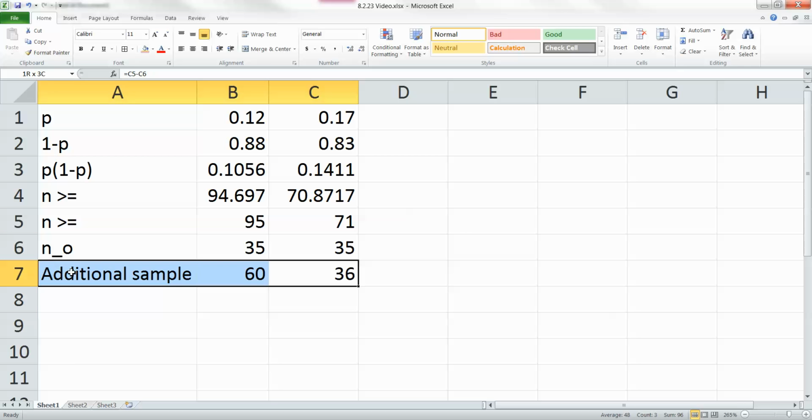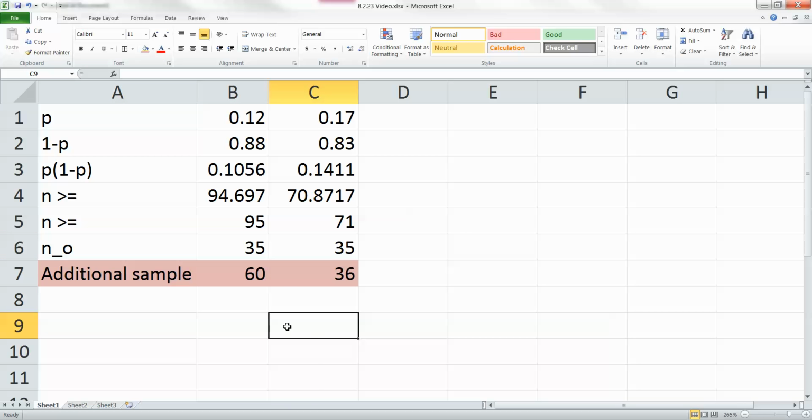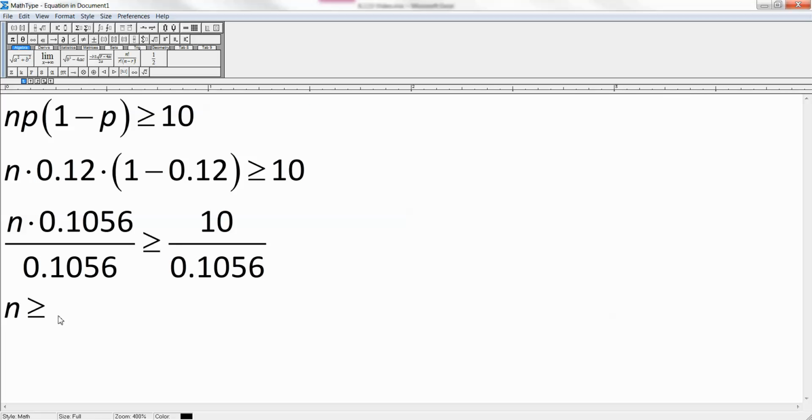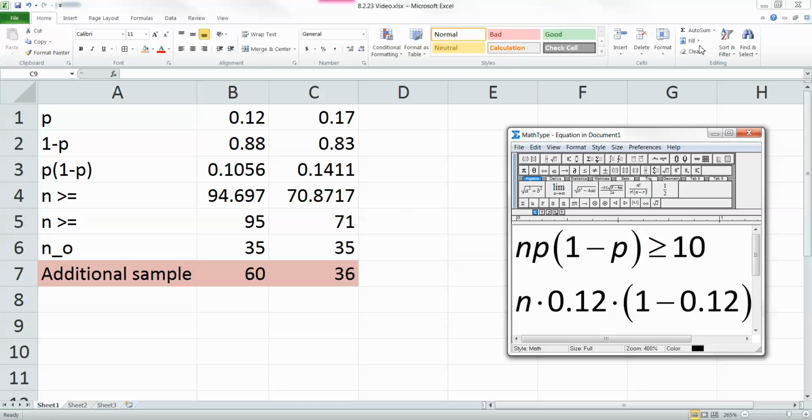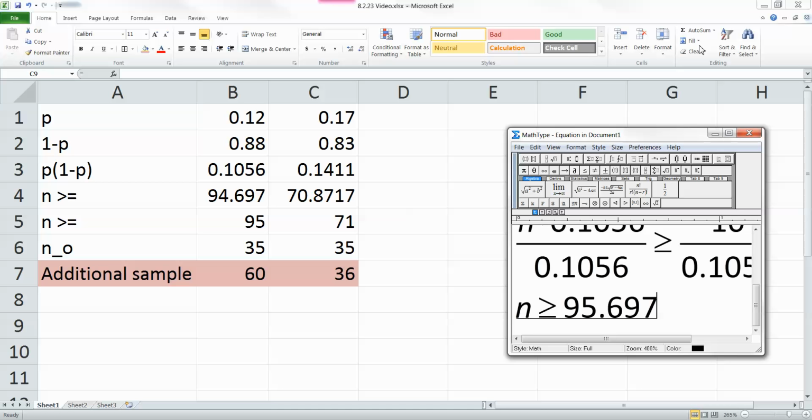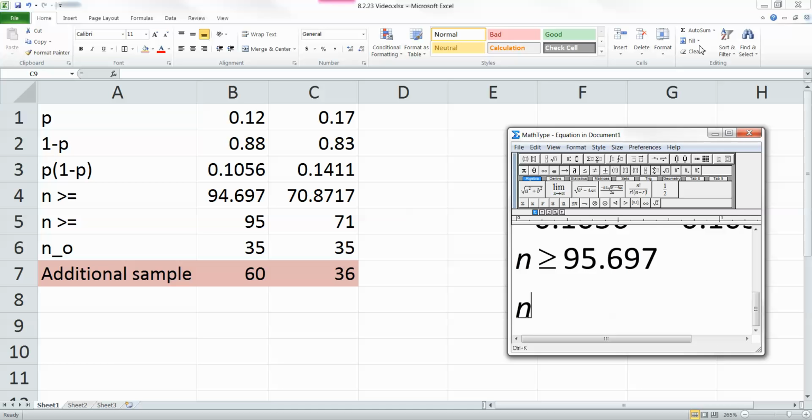Cool. So those are the actual answers they were looking for. This was the work I was doing: 94.697, which means n is greater than or equal to 95.